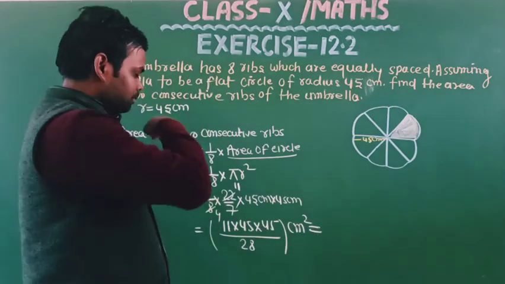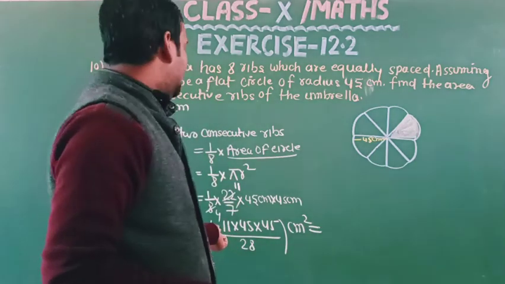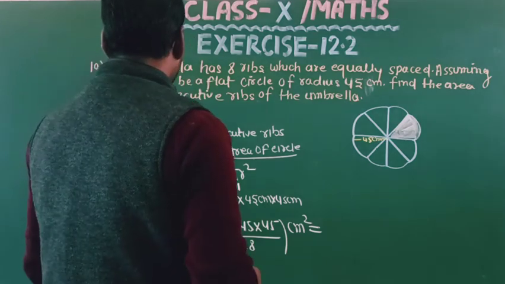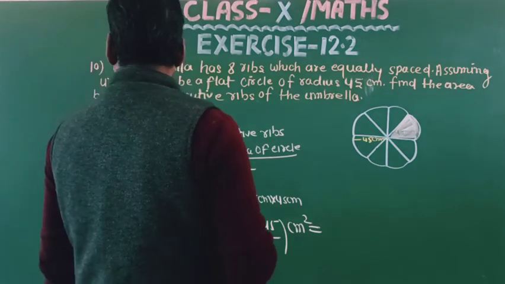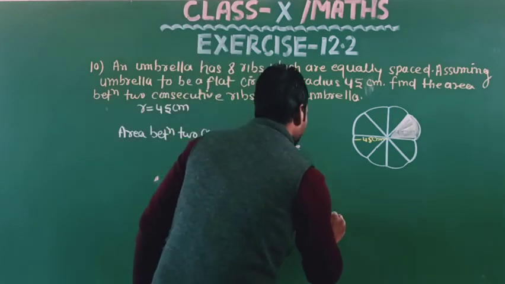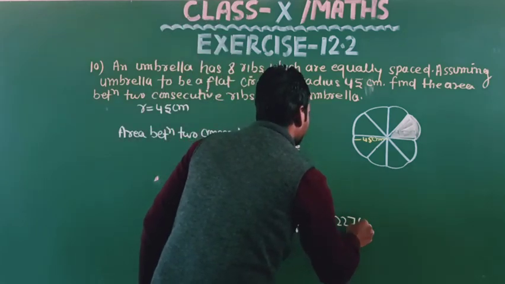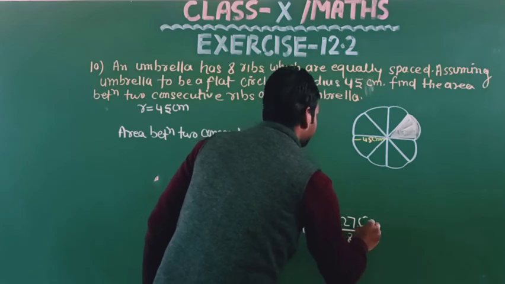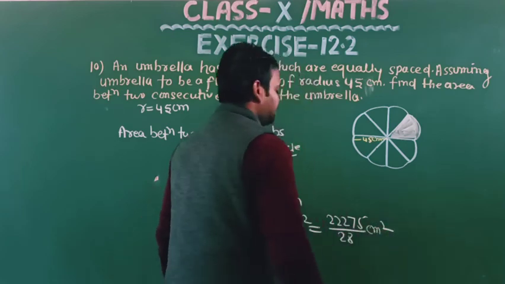Now multiply 11 by 45 into 45, that gives us 22275 upon 28 centimeter square.